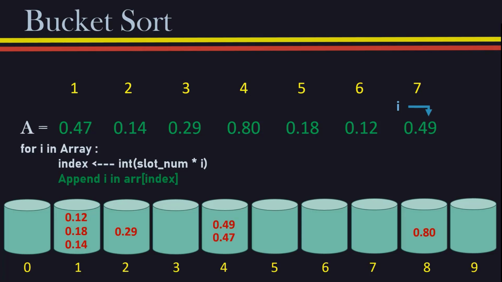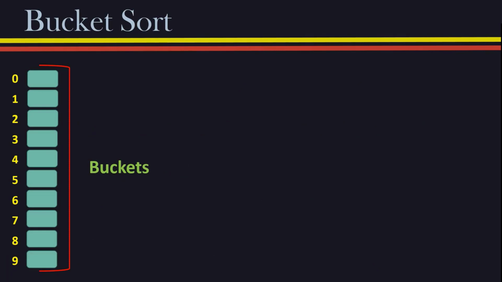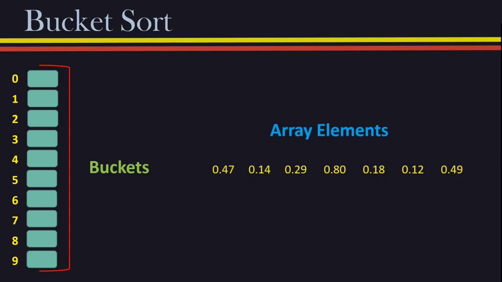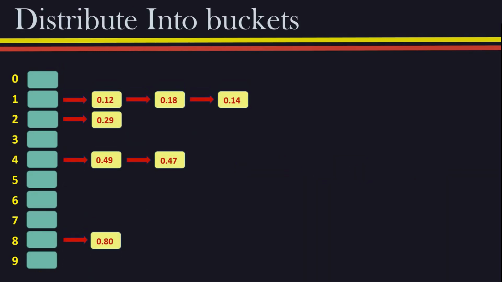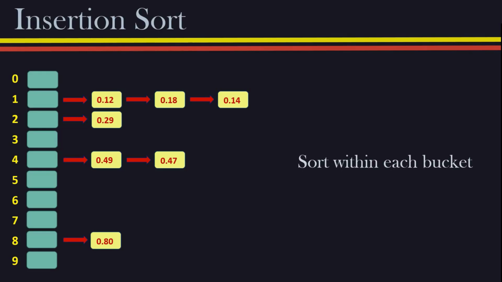Now we will proceed to our sorting process. For easy visualization, let's assume these boxes as buckets. And here are the array elements. After distributing the elements according to their indexes, the final buckets look like this. Now we will sort the elements in each bucket in ascending order.